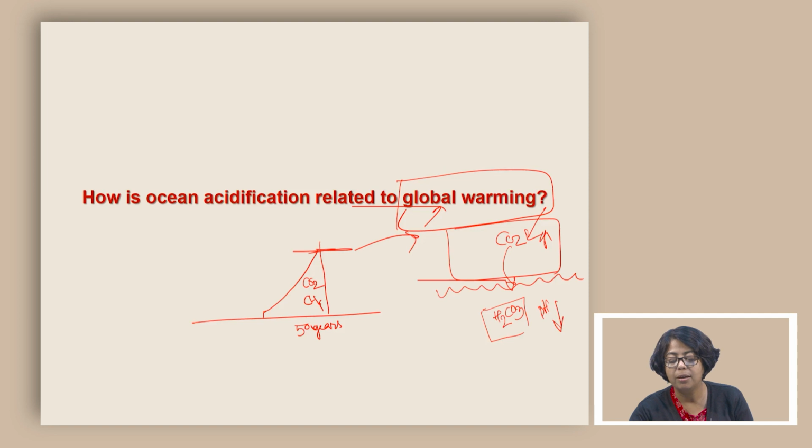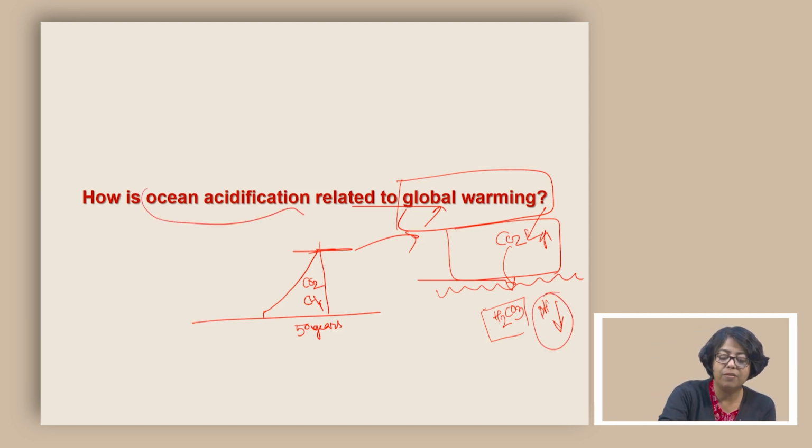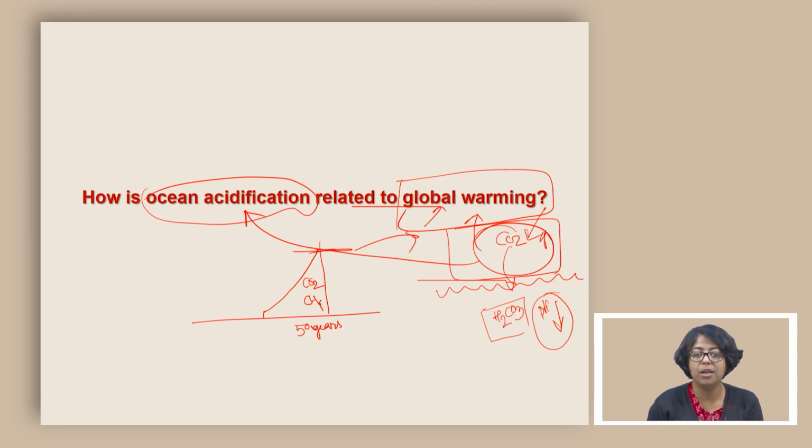So, that will make the ocean acidic. So, this is what ocean acidification means. So, it is basically the increase in carbon dioxide which is causing both global warming as well as ocean acidification. So, that is all for today's discussion.